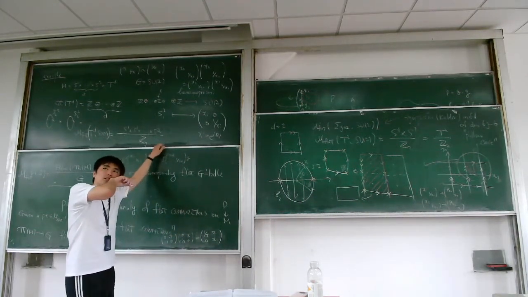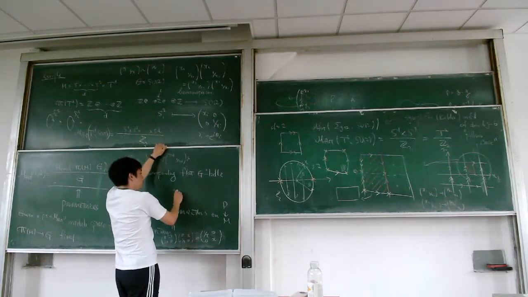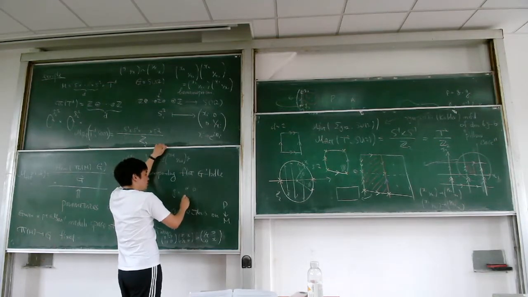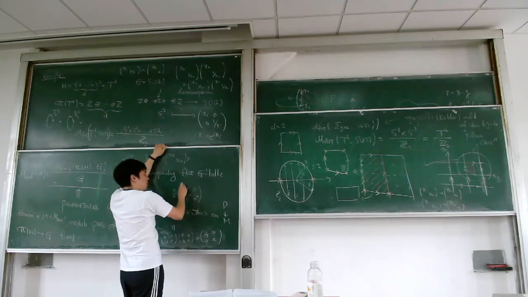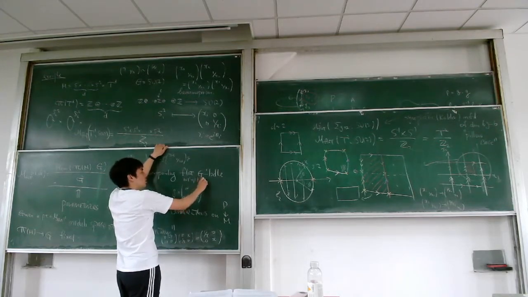It's actually easy to show. It's just a 2 by 2 matrix, so you set g equal to alpha, beta, minus beta star, alpha star, where alpha squared plus beta squared is equal to 1.